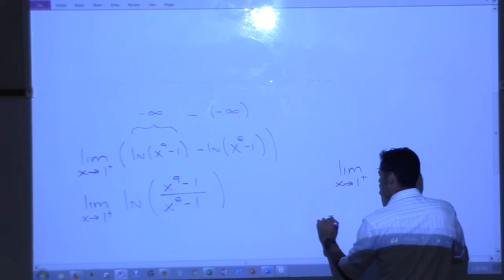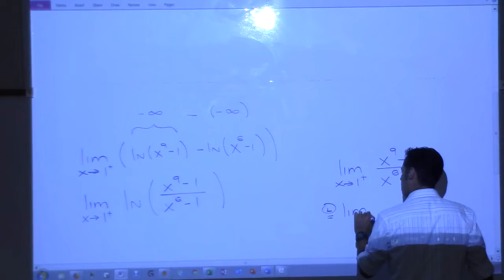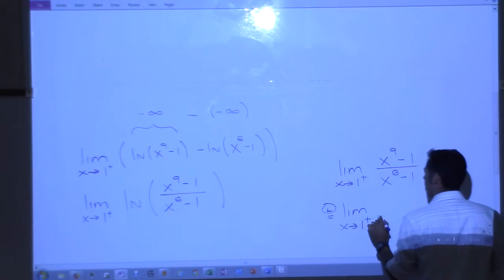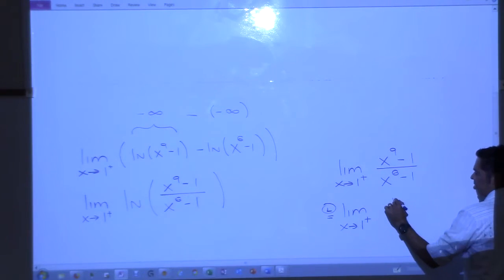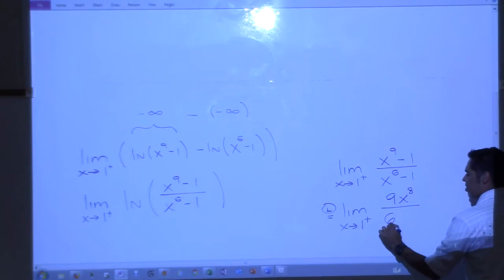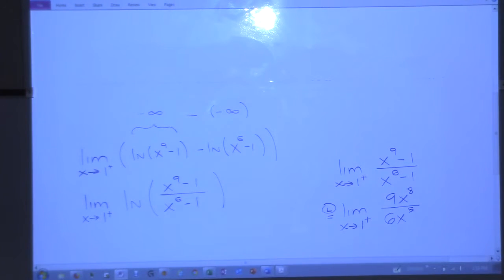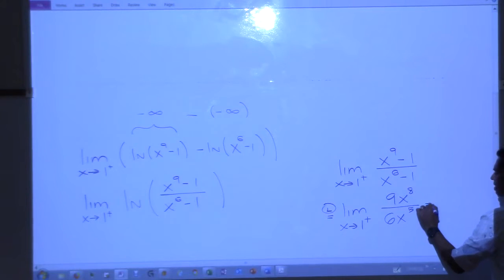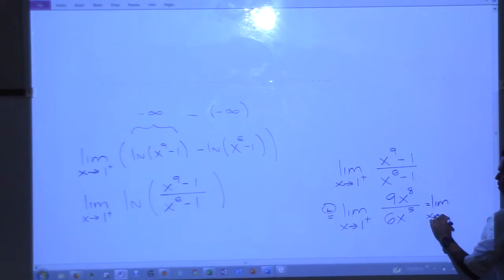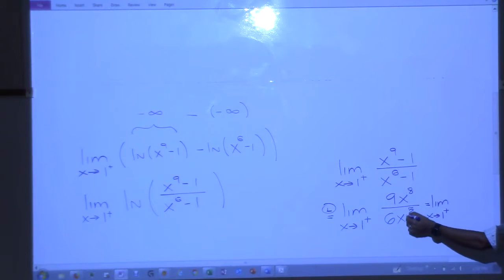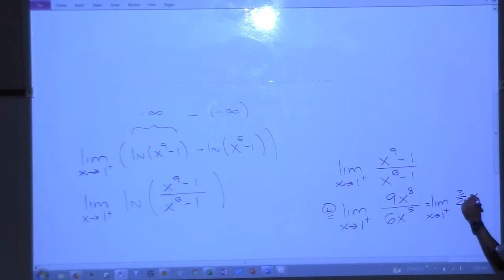So using L'Hopital, limit as x approaches 1 from the right, derivative of the top, 9x to the 8th, derivative of the bottom, 6x to the 5th, right? And we can say that that's the same as the limit as x approaches 1 from the right. Just reduce things, right? Kill off 5 factors of x, reduce that to be 3 halves x to the 3rd power.